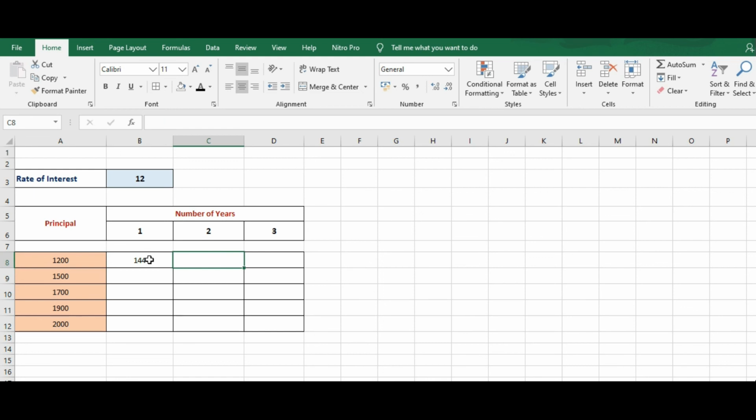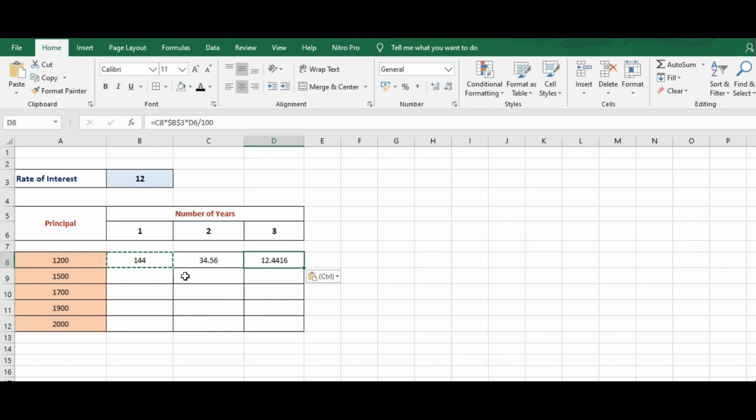For the number of years, which changes consecutively, the principal is from A8, the rate of interest should be fixed, and the number of years will change each and every time, so it becomes C6, and here it becomes D6 in this formula.